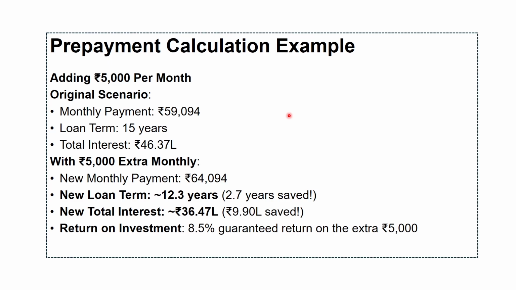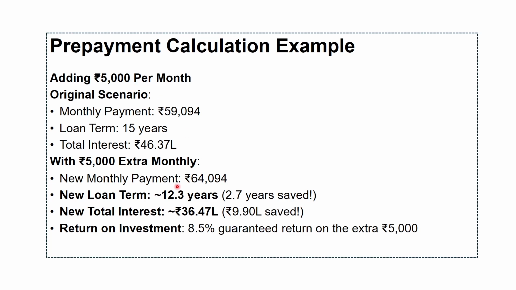Here, let's quantify monthly prepayment for our 60 lakh loan, right? So, original term: 59,094 monthly for 15 years, okay. 46.37 lakhs interest, adding 5,000 monthly.